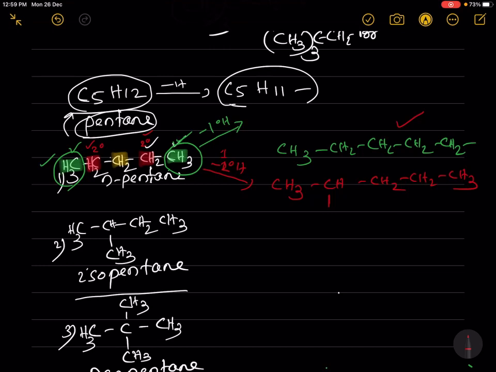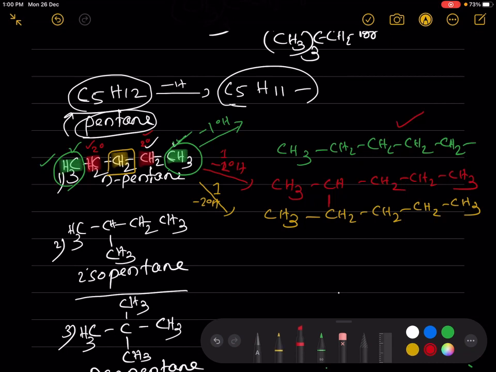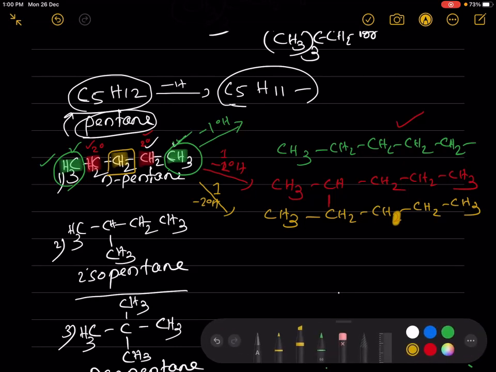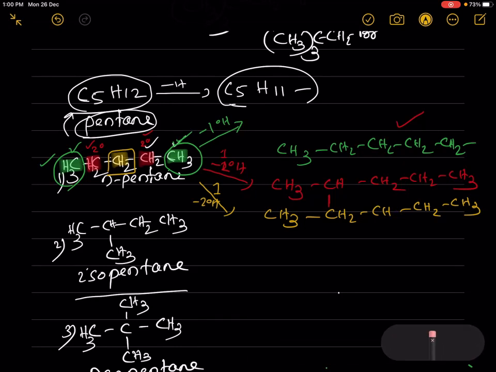Then another one is there, this secondary carbon. This is also a different one. So remove one secondary hydrogen atom from this yellow color. Let me write the structure of N-pentane again and remove the hydrogen atom from here, then put a bond.